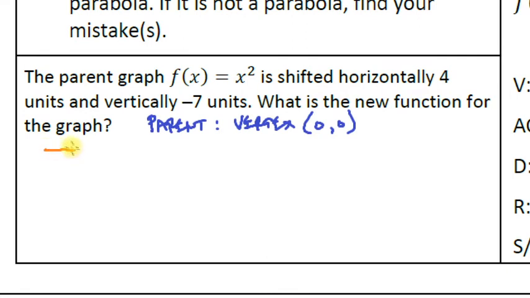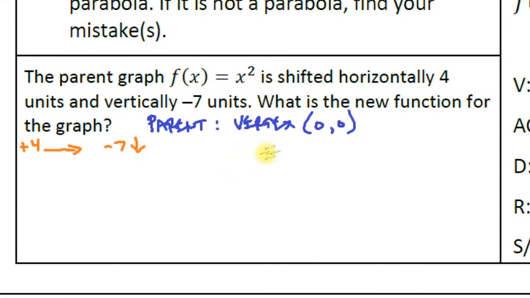That means we're moving horizontal +4. So +4, we're going to go to the right 4. And vertically -7 units. -7 is down. -7 is going to be moving down 7 units. So what's happening is our vertex is moving to the right 4 units and down 7 units.